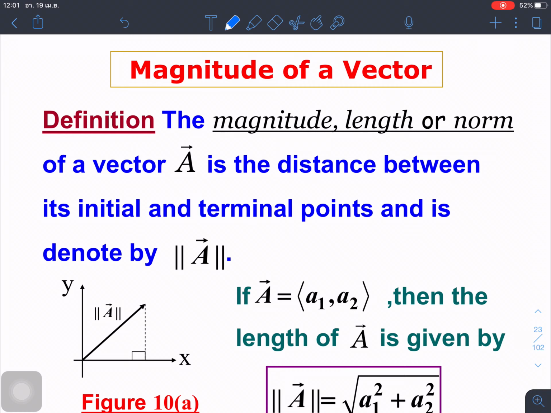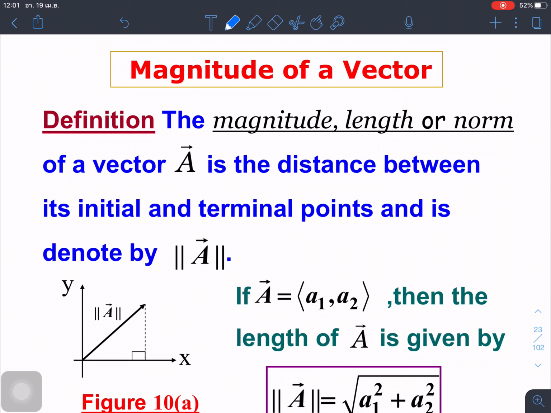Remember when we studied the absolute value, another definition of the absolute value of a number is the distance between that number and the point 0. In this case, we are going to study the vector in 2-dimensional and 3-dimensional space.